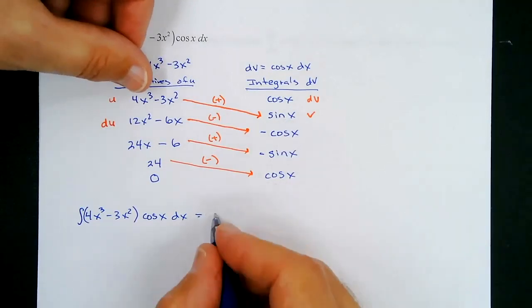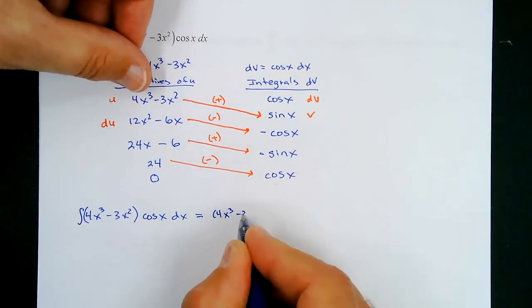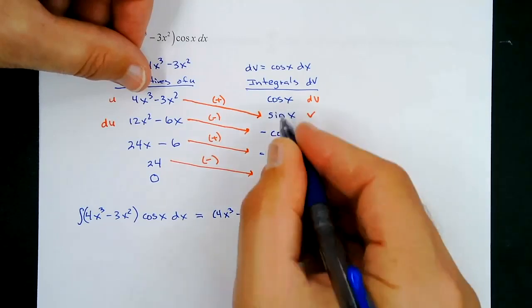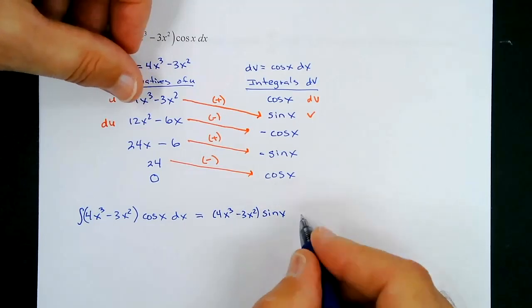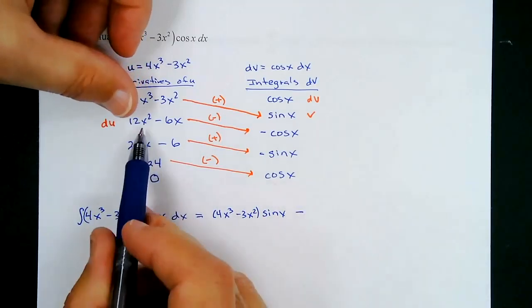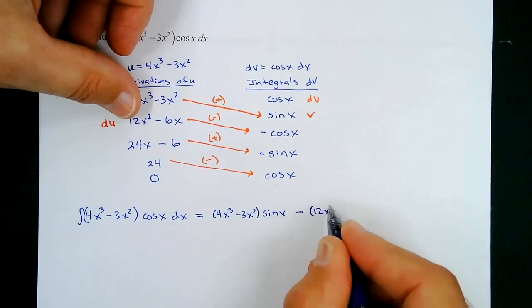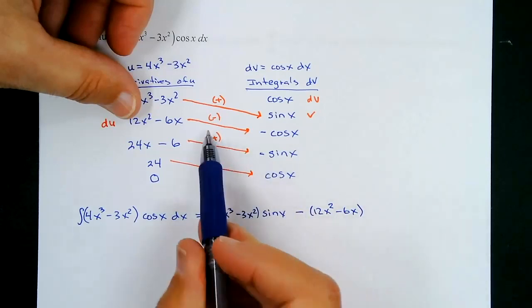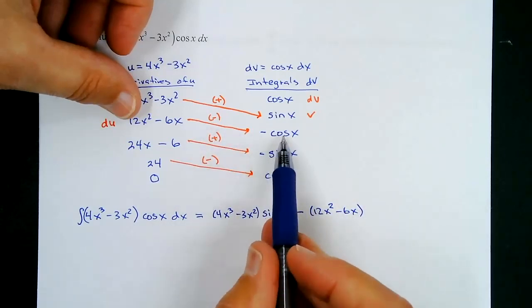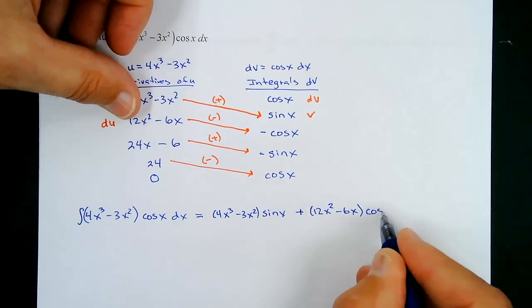Okay, so 4x cubed minus 3x squared times sine of x, and then minus, and it'd be 12x squared, and we would need to have parentheses around it, 12x squared minus 6x times negative sine x, or negative cosine x. So that's going to make this become plus cosine of x.